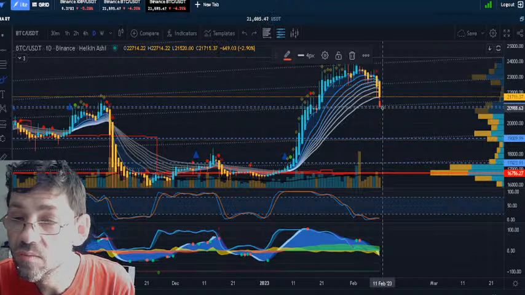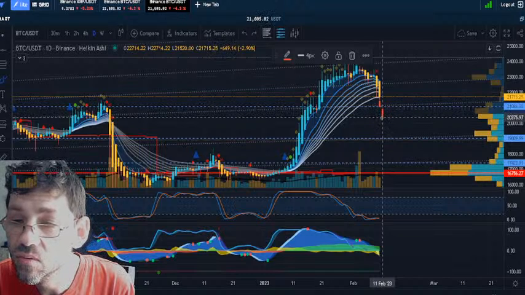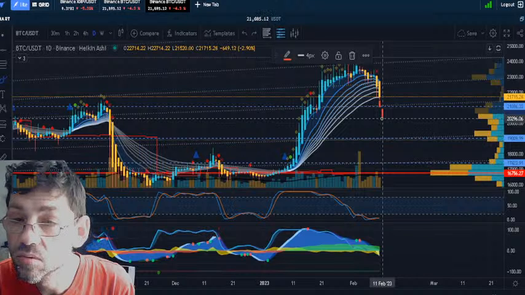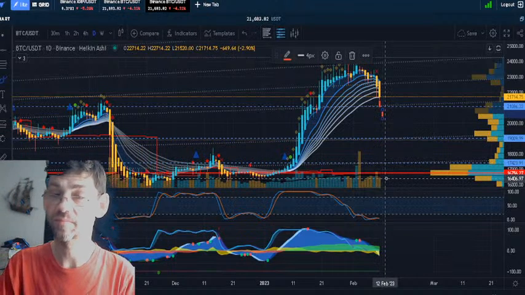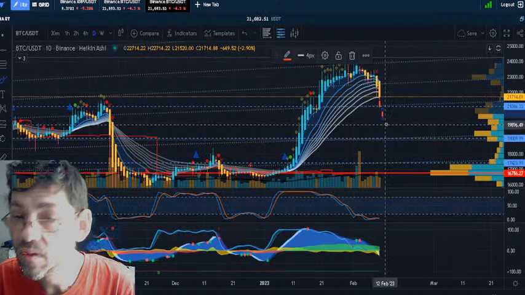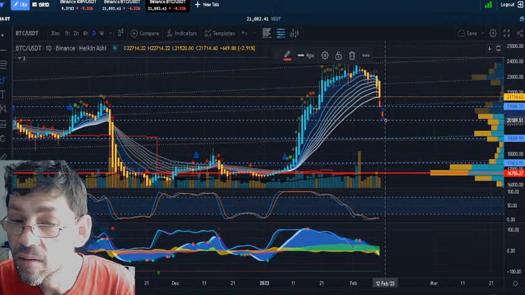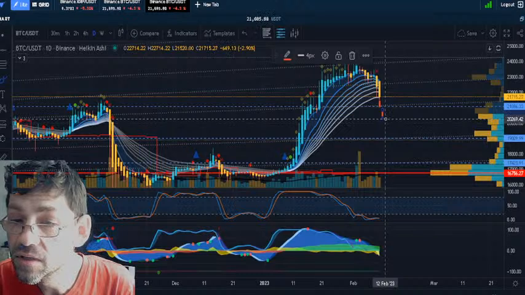Let's see. Tomorrow we could probably do something like that. And then Sunday, we could see something to the effect of it coming back up a little bit.